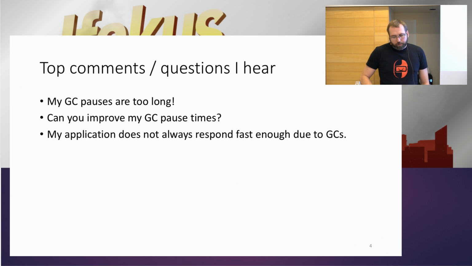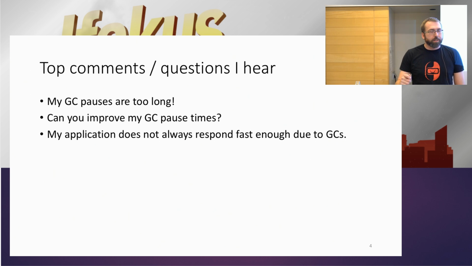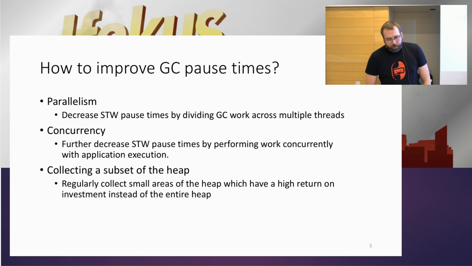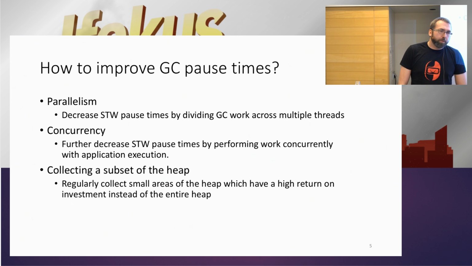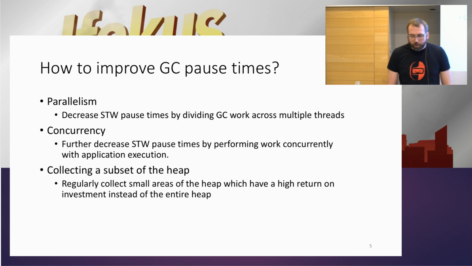The biggest problem is I always tell them that they can turn this knob between performance and shorter pause times, and for the most part, nobody wants to give up the performance. They don't want pause times, but they're not willing to eat any performance, is my experience. So how can we really improve GC pause times since nobody really wants to trade off a lot of perf?